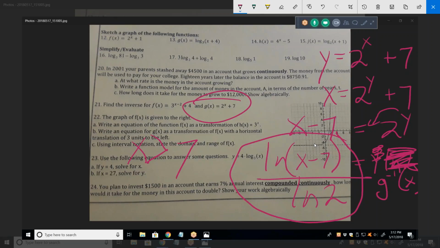Can't be 6, 5, negative 10, negative 100. In other words, this argument has to be greater than 0. So x minus 7, start there, greater than 0, x greater than 7. It's simple as long as you set up that first step. And that's the best way to do domains, is to just write it out as an inequality or an equation. All right. Okay.